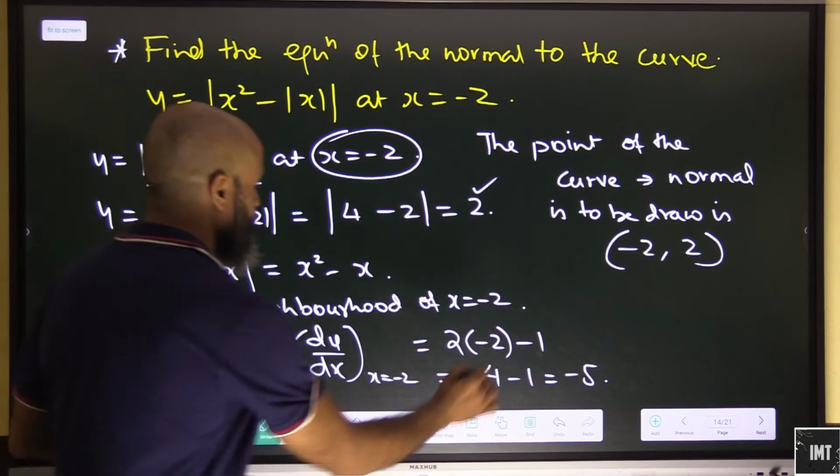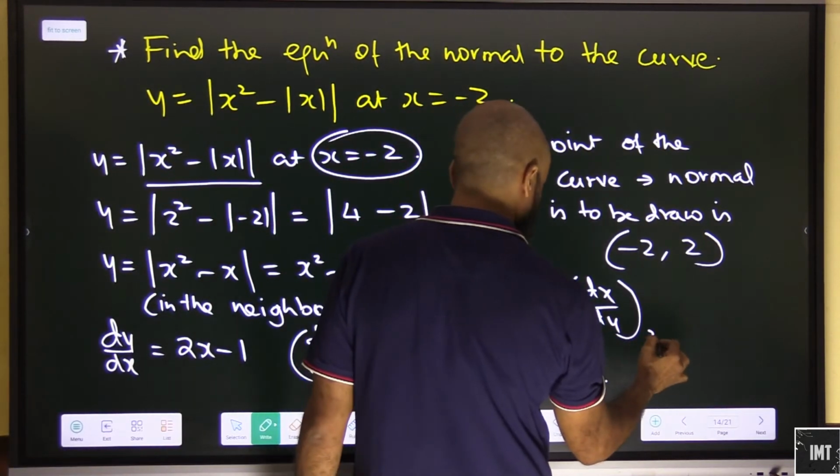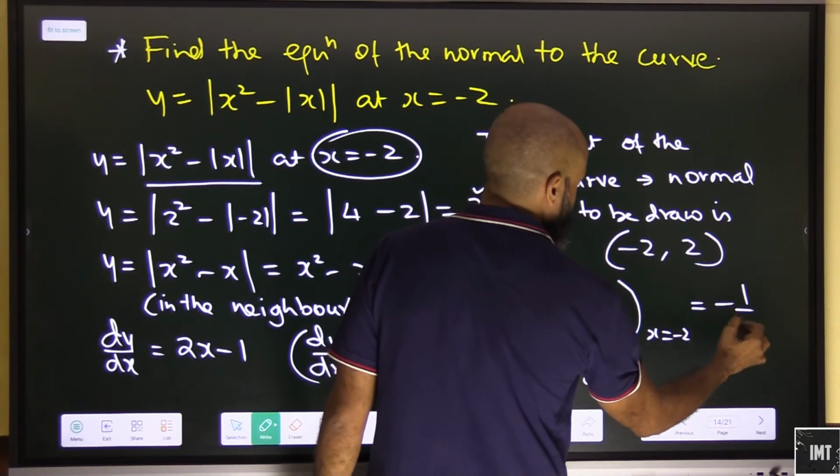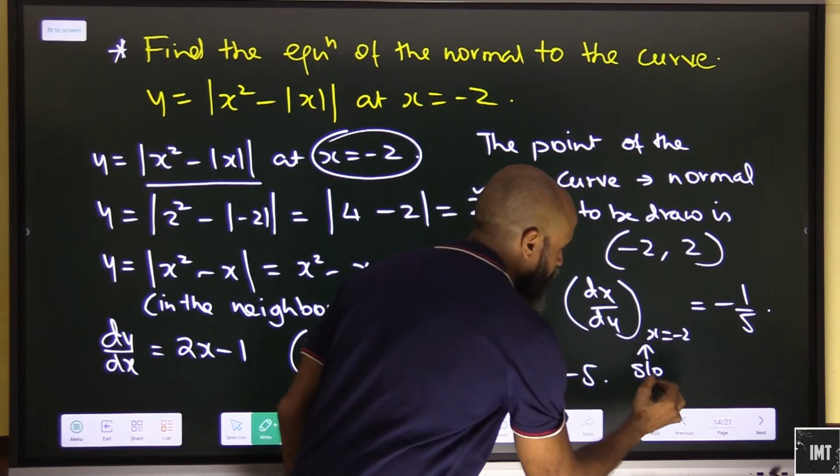So in that case dx by dy at x is equal to minus 2 is going to be minus 1 by 5, and this will be basically the slope of the normal.